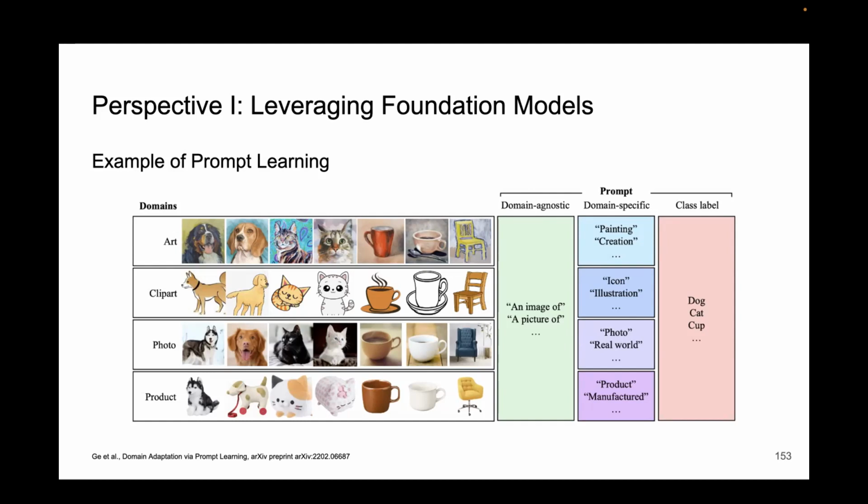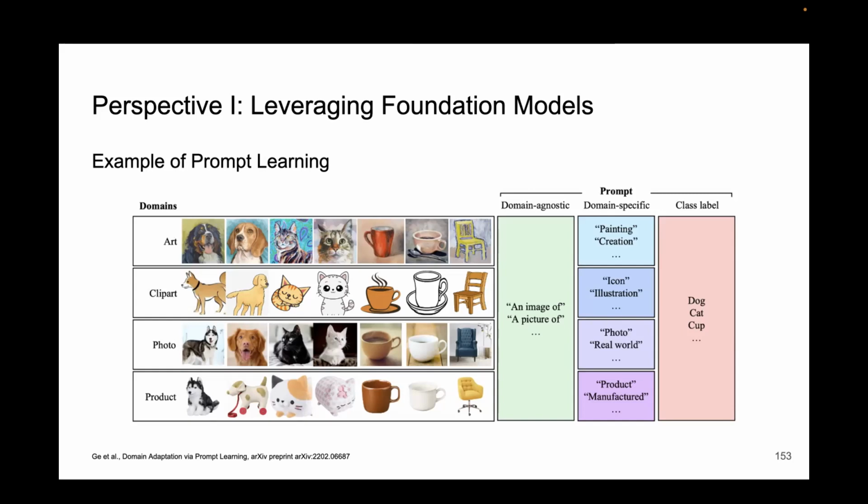Here you can see that this kind of prompting is irrelevant to any domain related information, such as an image of, a picture of, a sketch of, etc. This discards any kind of domain information. And the last one, such as the category of the objects included inside the images, for example, the dog, cat, and carp, is also irrelevant to the domain information.